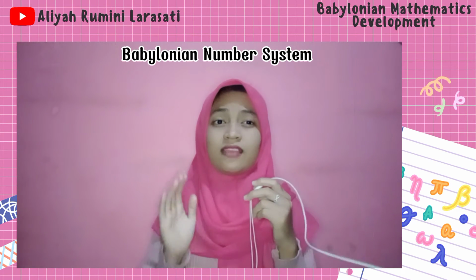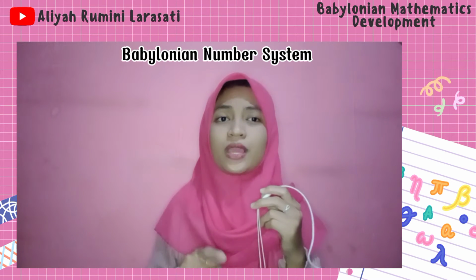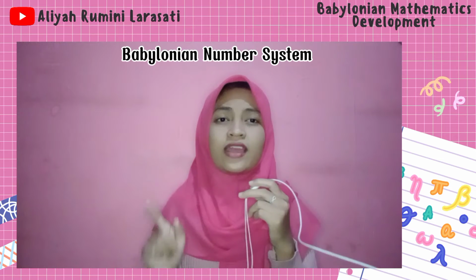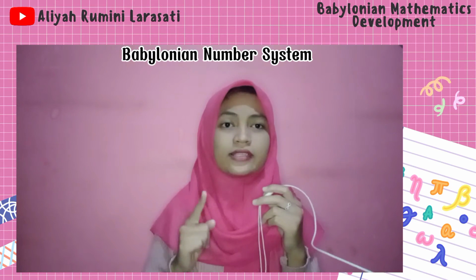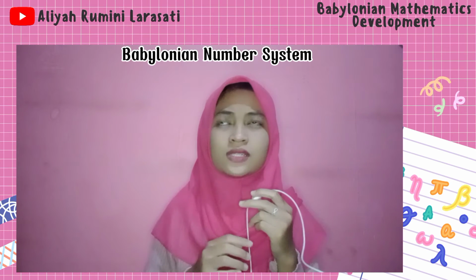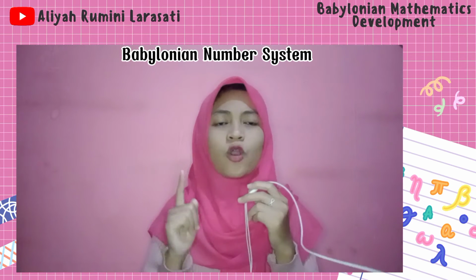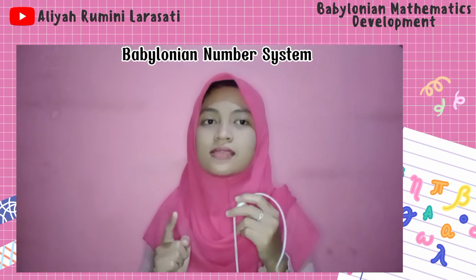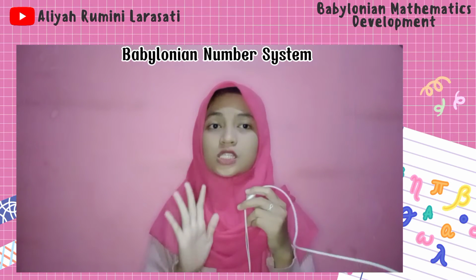Once they got to 10, three were too many symbols, so they made a different symbol. 11 is 10 and 1, 12 is 10 and 2, 20 is 10 and 10. The symbol for 60 looks exactly the same as the symbol for 1. 61 is a combination of the symbols for 60 and 1, which therefore looks like 1 and 1, and so on.